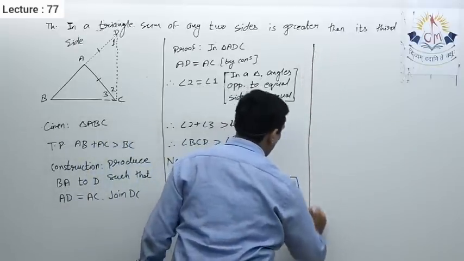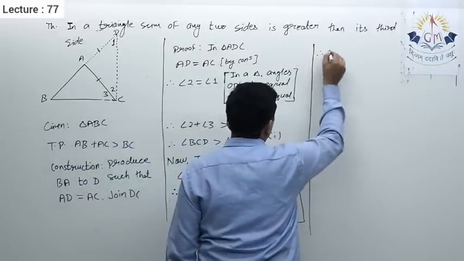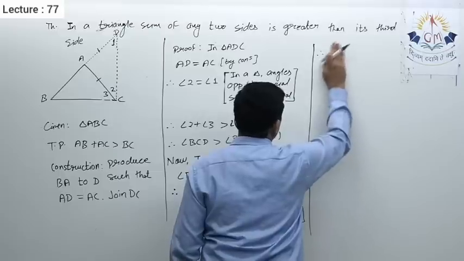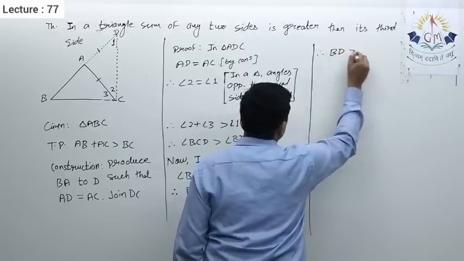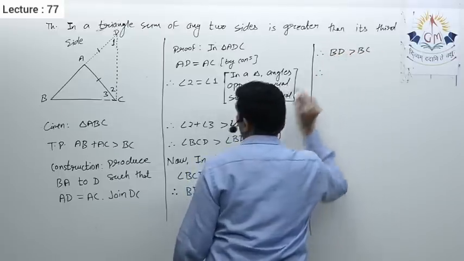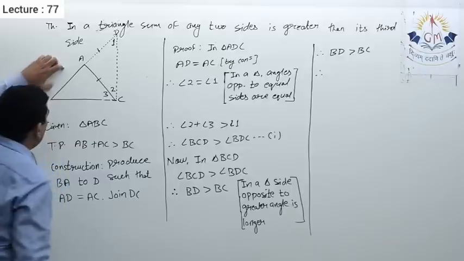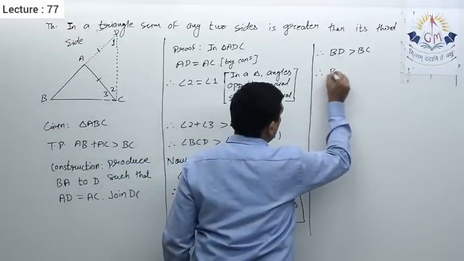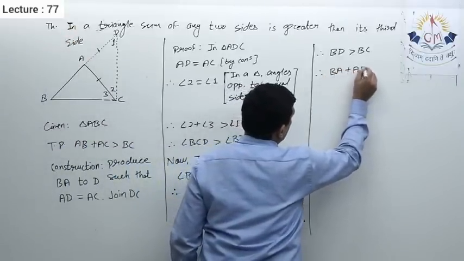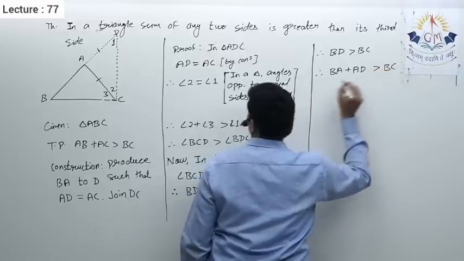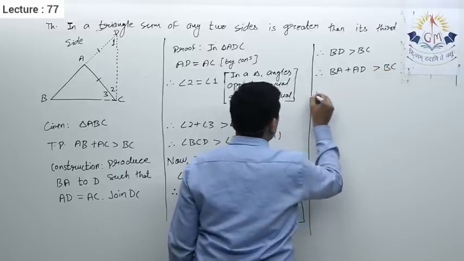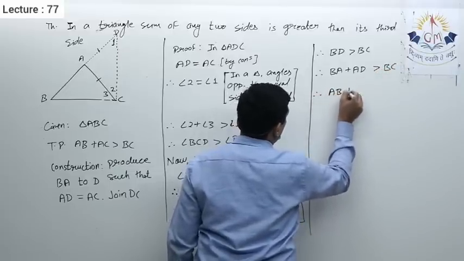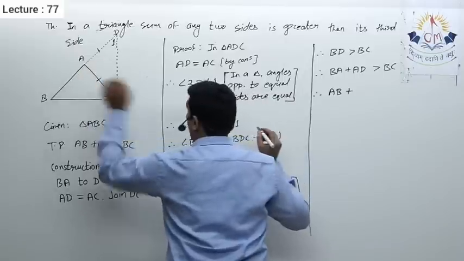Now next we'll see over here. I'm writing the last step once again: BD is greater than BC. Now BD can be written as BA plus AD, so BA plus AD is greater than BC. AD can be written as AC by construction.